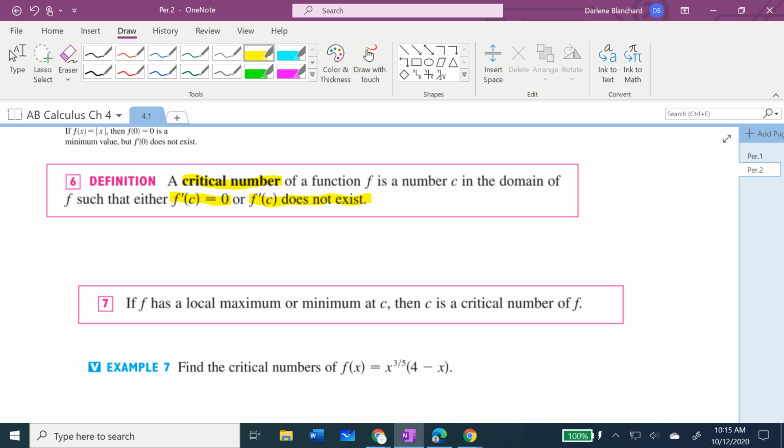So they're critical. All right, now, if a local maximum or minimum occurs, it is located at a critical number. If you stop and think about that if-then statement, if you know that at C you have a local maximum or minimum, does that mean it must be a critical number of f?